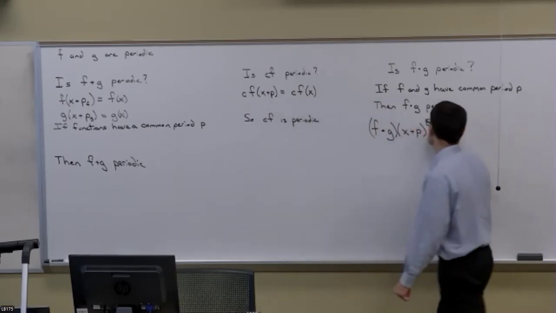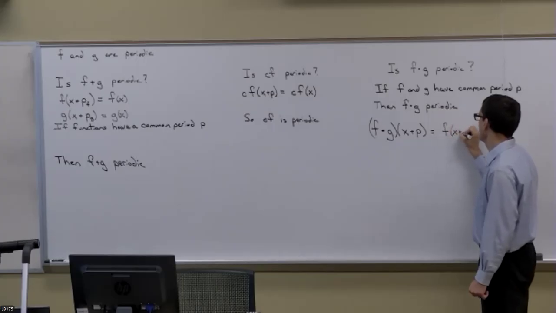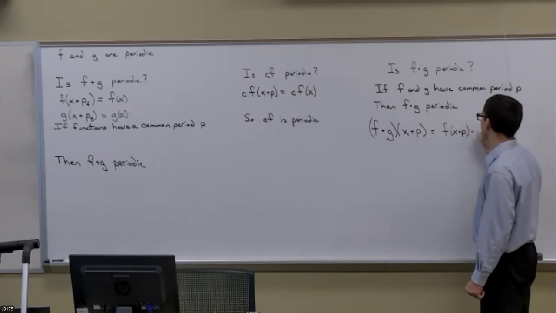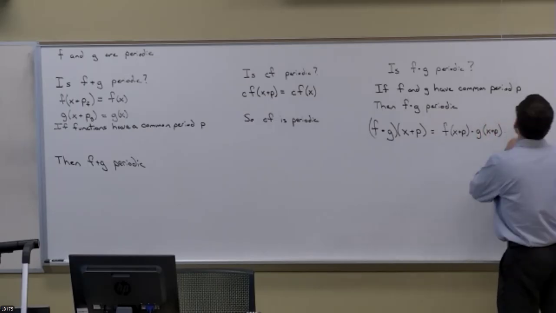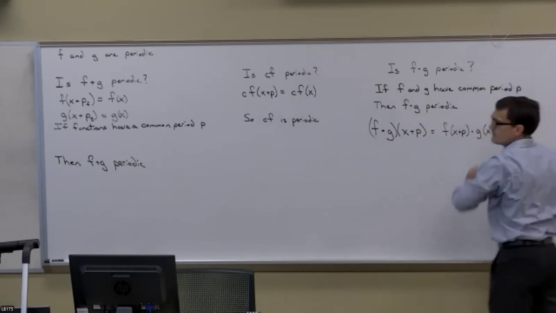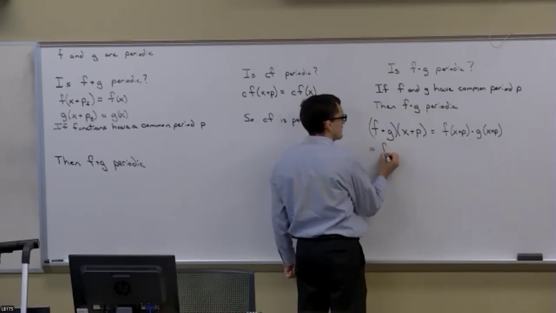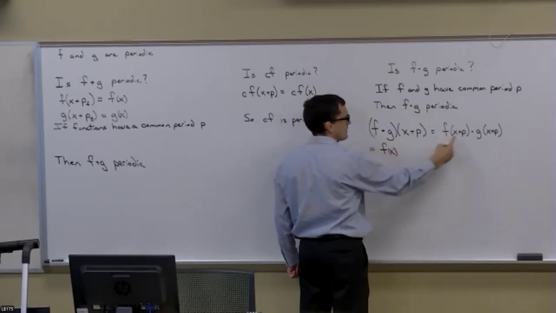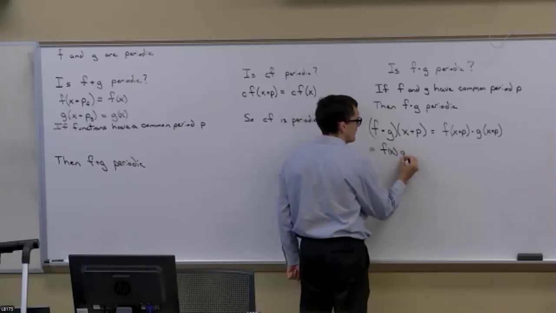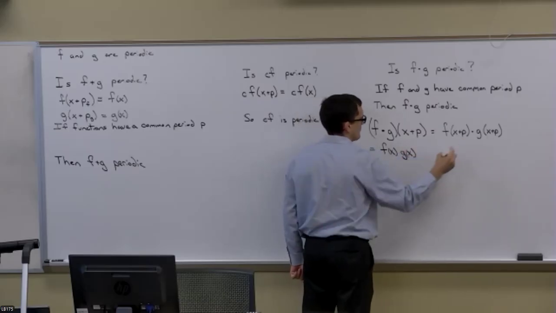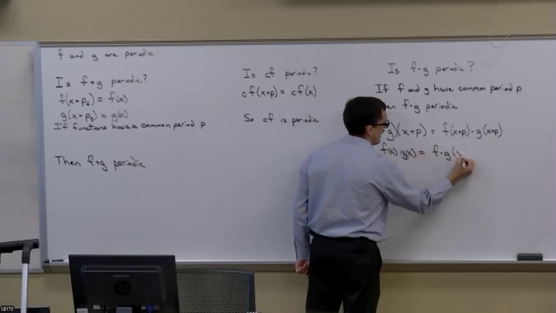When you multiply two functions together, you get f of the argument times g of that same argument. I'll write it here. That's going to be f of x because f has period p, times g of x because g has period p. That's f times g of x.